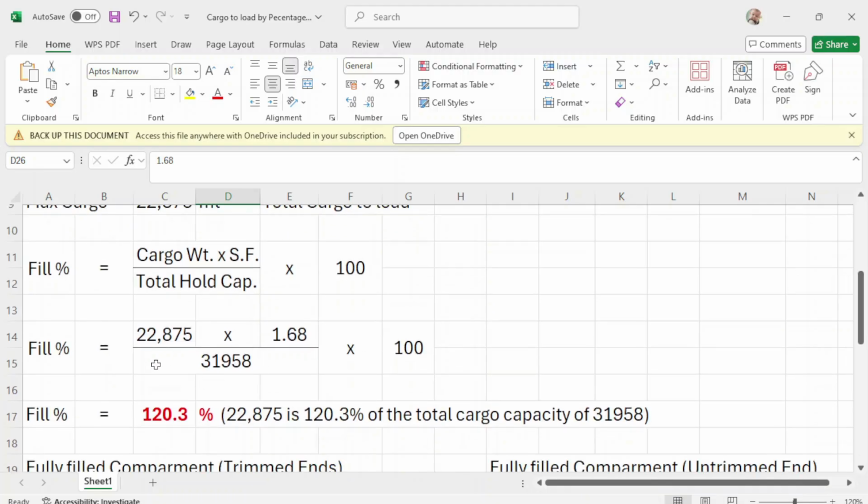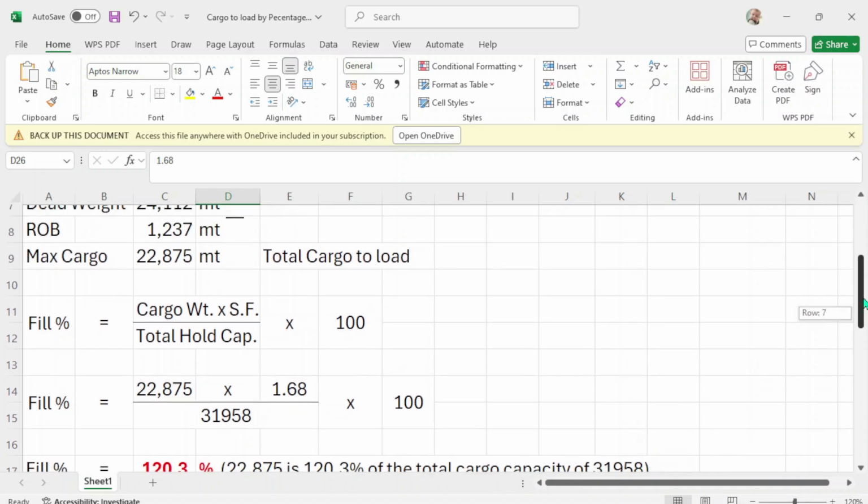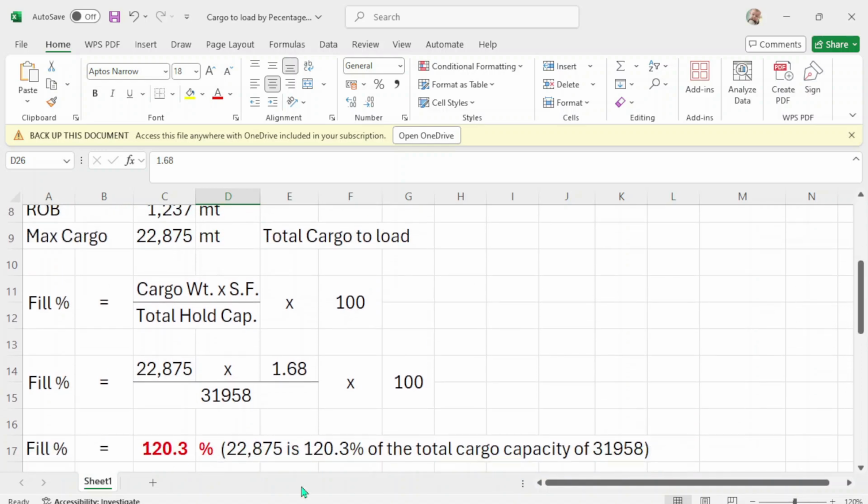So transpose the total cargo weight that you're going to load, the maximum cargo to load, times your stowage factor, over the total hold capacity, times 100. So the fill-in percentage is 120.3%. That is 120% of the total cargo capacity of 31958, which is this one.